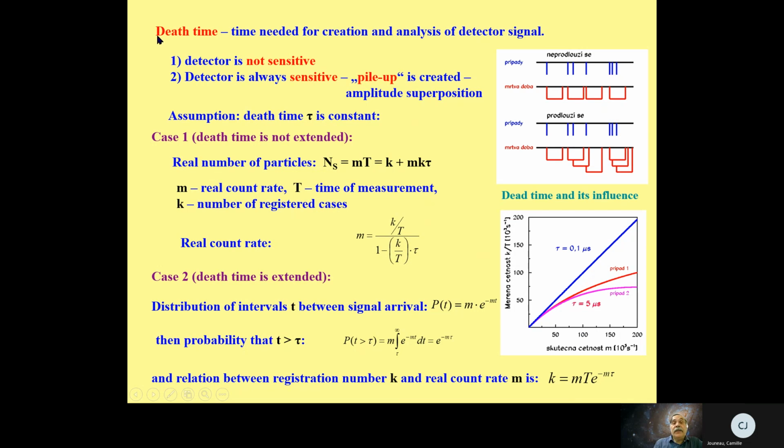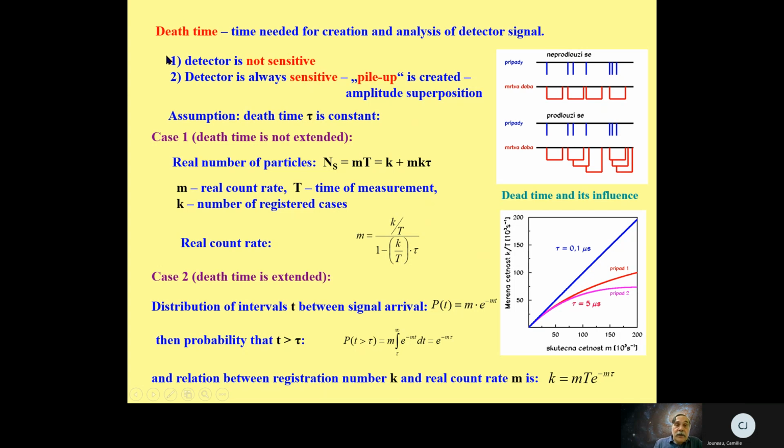The next quantity is dead time. This is the time which is needed for creation and analysis of the detector signal. And there are two different types of detectors. One type of detector is not sensitive in the time in which you have this signal creation and analysis. The second type is the case in which your detector is sensitive during this work.